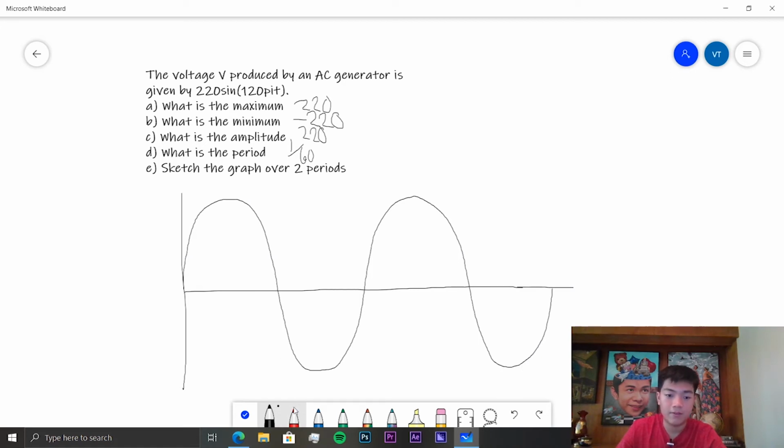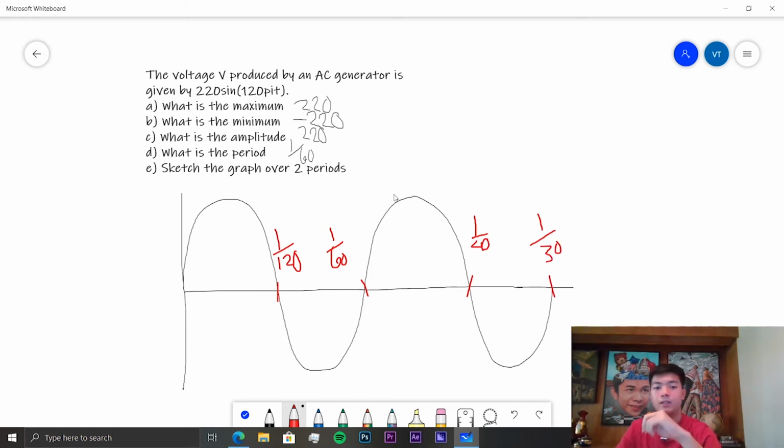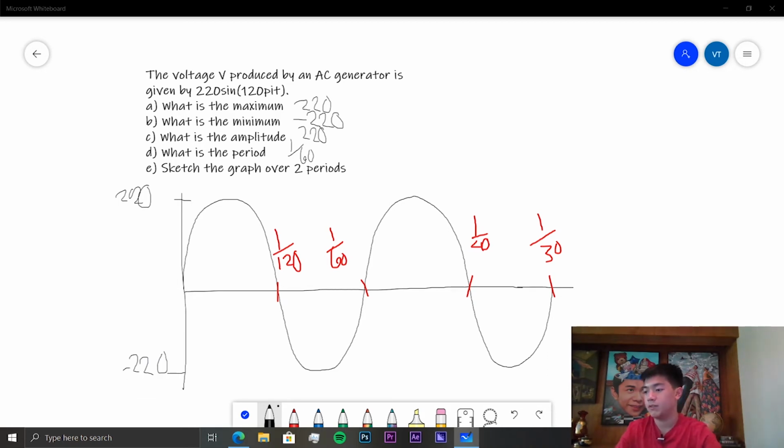So what we have here is 1 over 120, 1 over 60, 3 over 120, which is 1 over 40, and 1 over 30. Of course the peak will be 220, and the trough will be -220. No vertical shift at all.